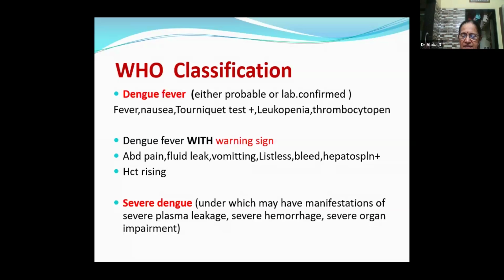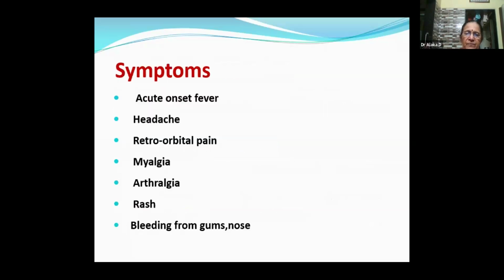So that becomes a severe dengue form. Symptoms: acute onset fever. There is headache, retroorbital pain, which is very classical, myalgia, arthralgia, bone pains, as I said, and there is a rash over the body.